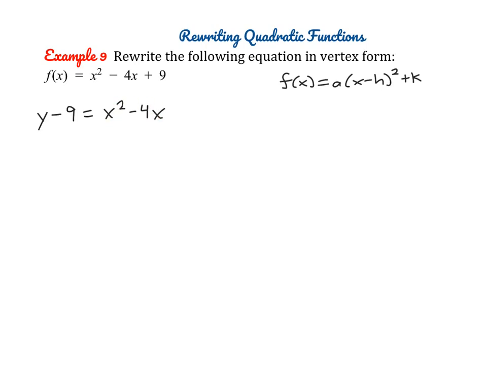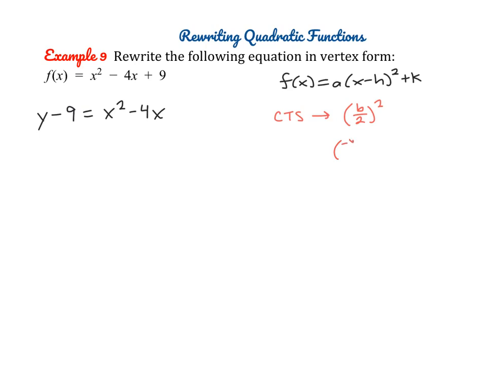Now, the reason we did this is because we need a perfect square trinomial right here. So now we're going to use that completing the square formula. Hopefully you remember that for completing the square, we do b over 2 squared. And that gives us the magic number that will complete our square. To find our magic number here, our b value is negative 4.